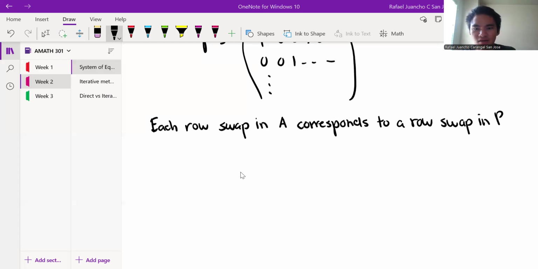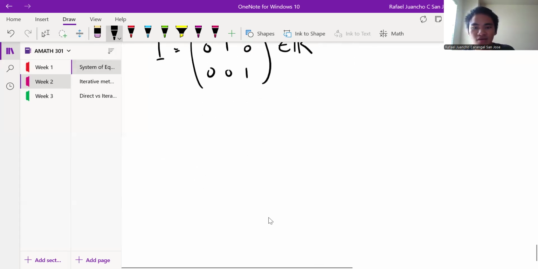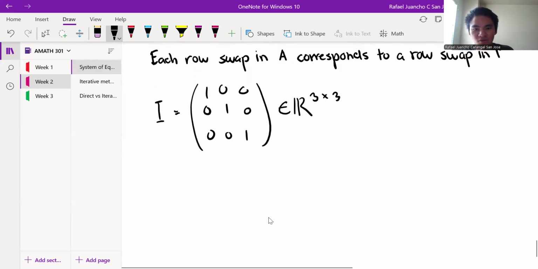So let's say we have this identity matrix, which is 3 by 3, and we want to swap rows 1 and 2.